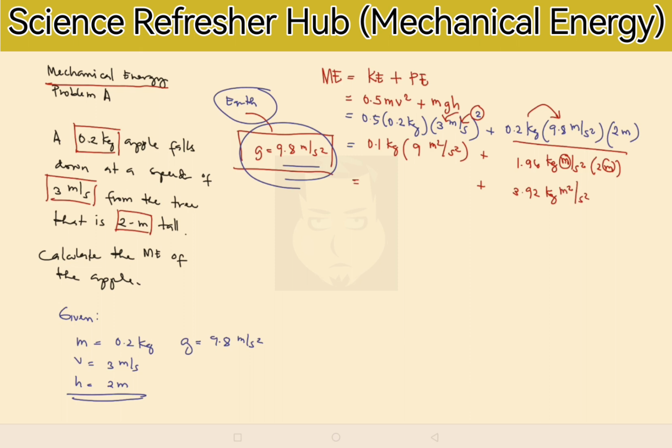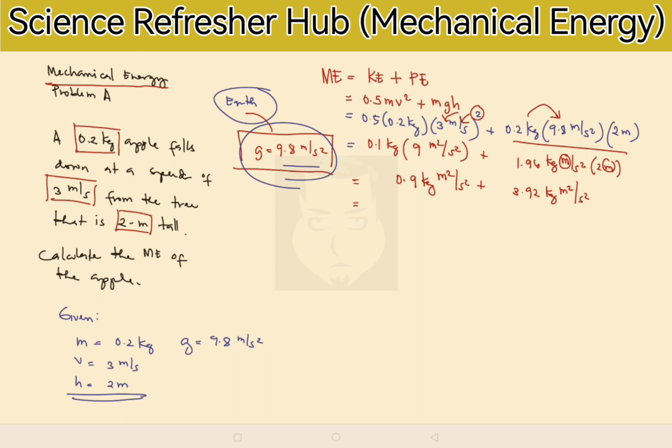Then this one, under kinetic energy, 9 times 0.1 is 0.9, and the unit is kilogram meter squared second squared. Look at the unit. Same unit, so we can definitely add these values together.